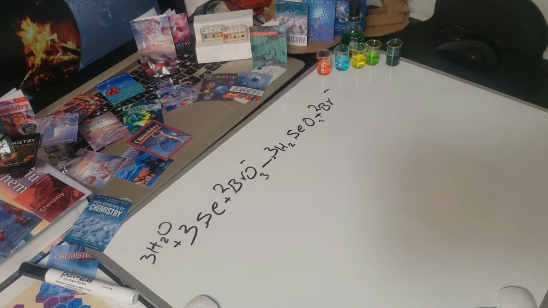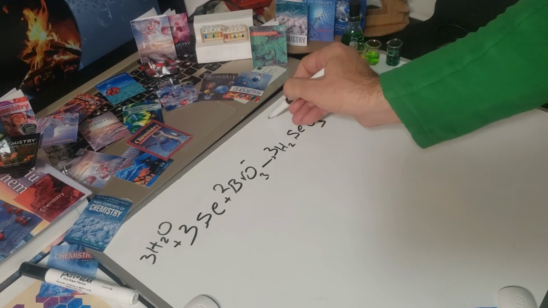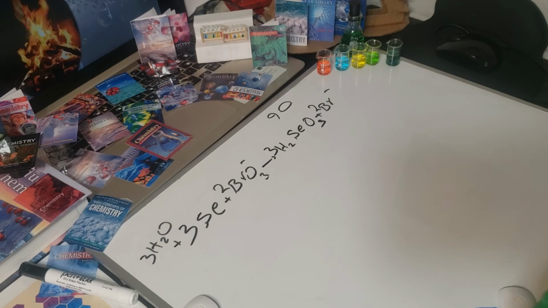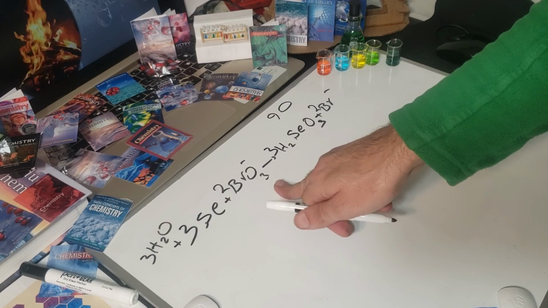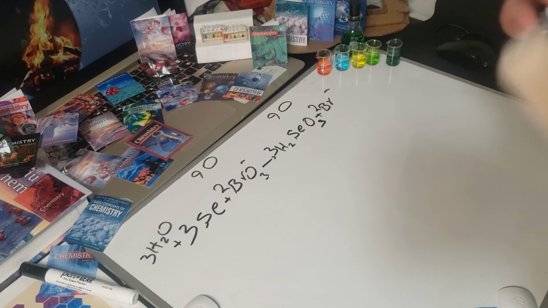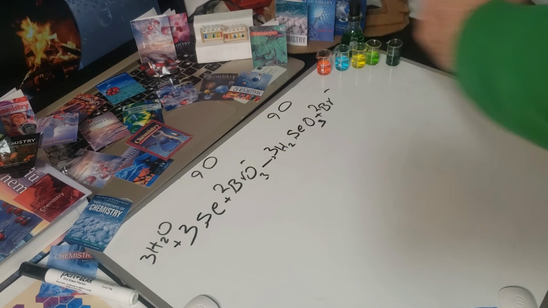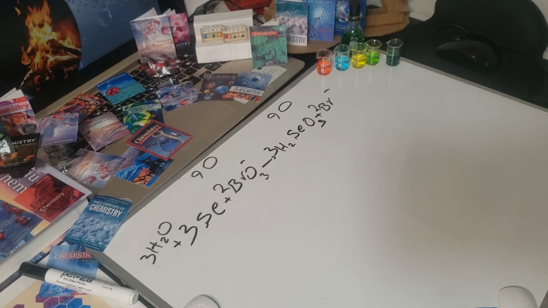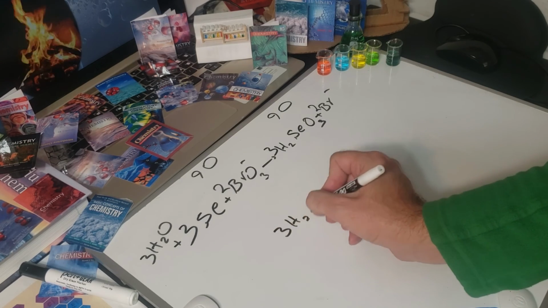I have 9 oxygens here, and I have 3 and 2 times 3, 6, 9 oxygens. Okay, so for this example, you see that we have the same amount of oxygen, so both the acidic and basic equation would be the same.